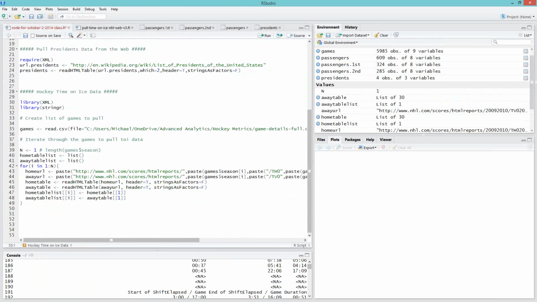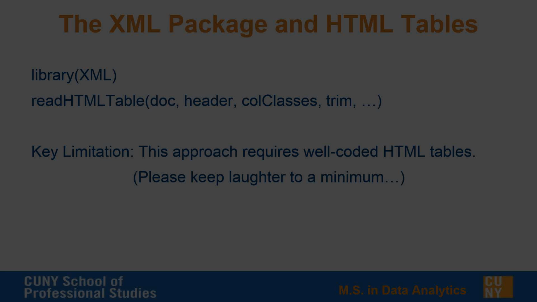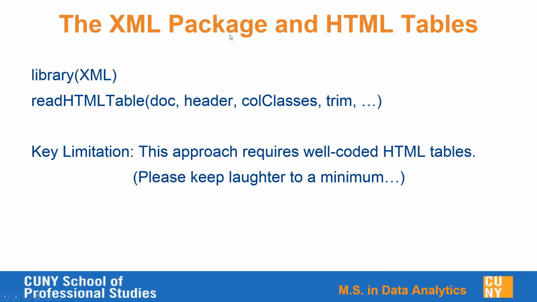So let's talk about a couple of things that are a little bit easier to use if they're available. And so let me go back for just a second to the PowerPoint presentation. So that's the XML package, and you'll work with that a little bit in your quiz that's due tomorrow. You probably already have started working with it. Just so you know, there is a large set of parameters that you can set.